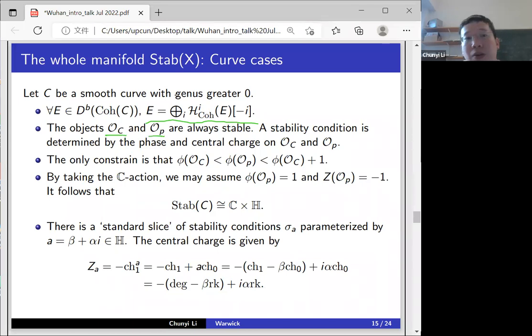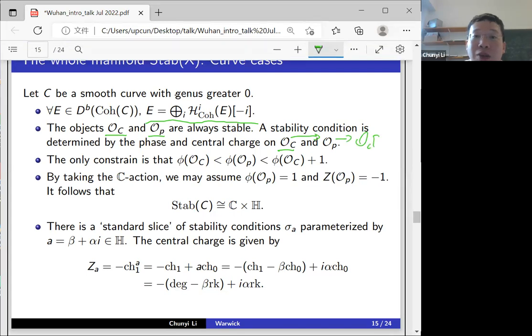And the stability conditions are determined by the phase and central charge on two of them. Here you can take the structure sheaf and a skyscraper sheaf, or you can take a line bundle with degree other than 0. The only restriction for the central charge on them is the phase, because we have a map from OC to OP, and by the standard derived shift, OP to OC should be by 1.